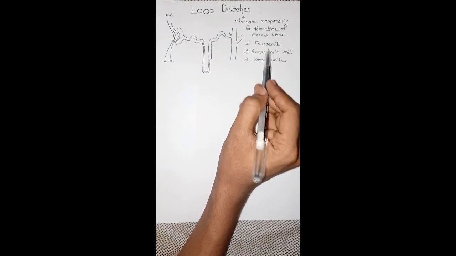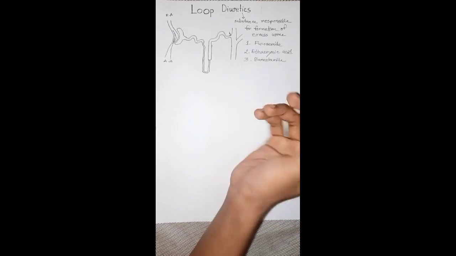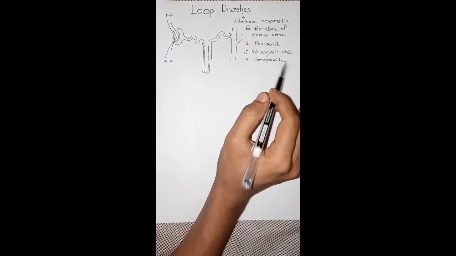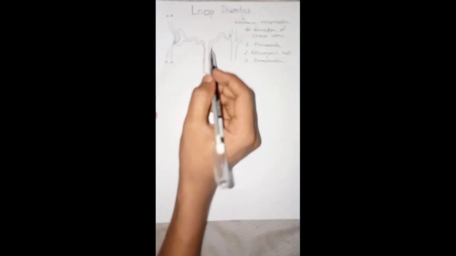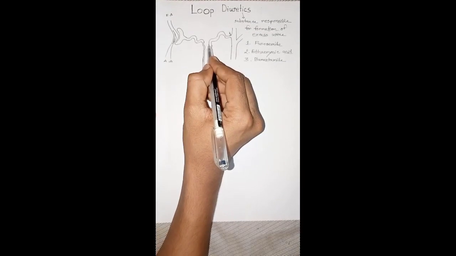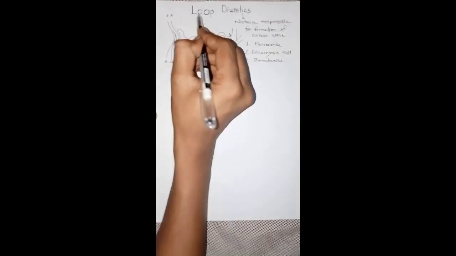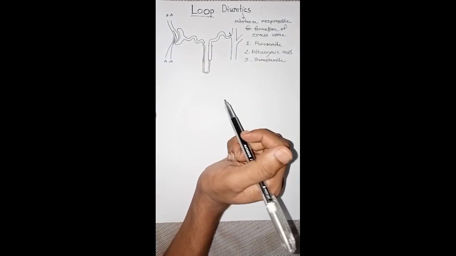These three substances work at the thick ascending loop of Henle. How can we remember? The term loop means loop of Henle.